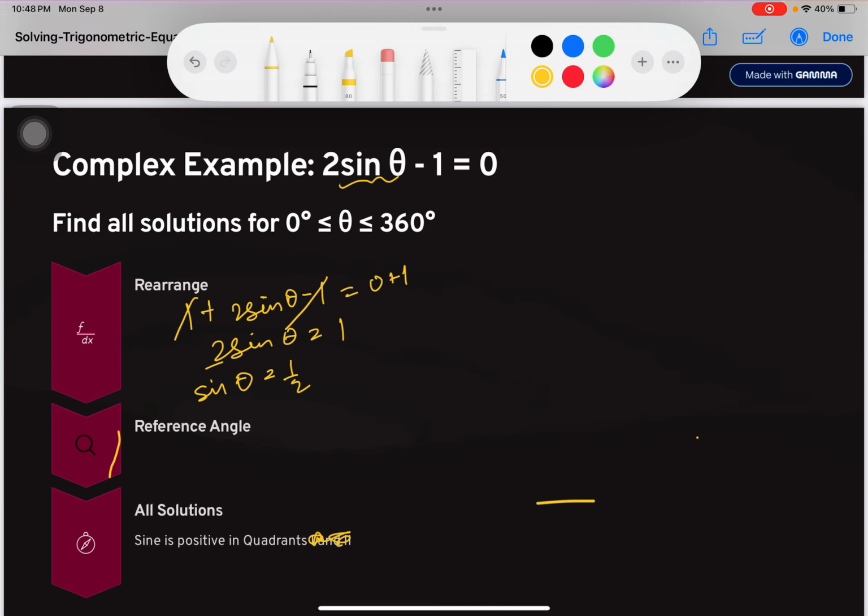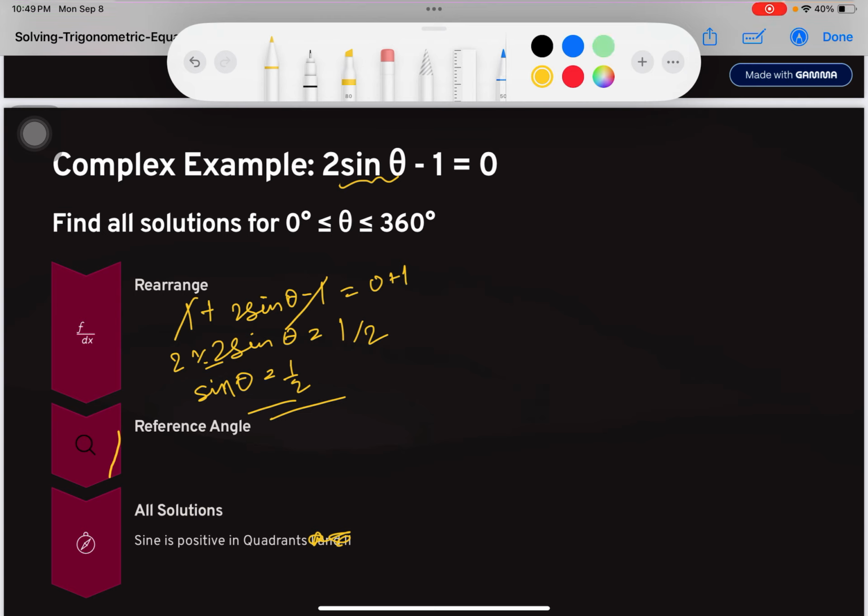Then sine theta equals 1/2. Why? Because you divide both sides by 2, and you end up with sine theta equals 1/2. So again we come to a question: is it a special triangle? Yes, it is a special triangle.